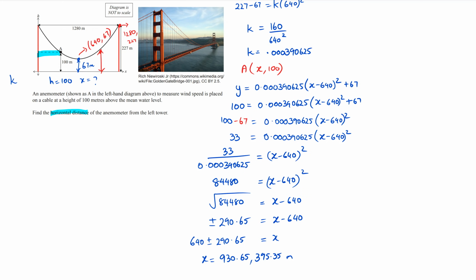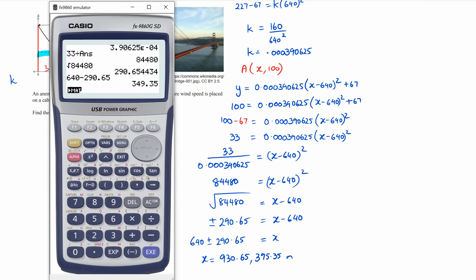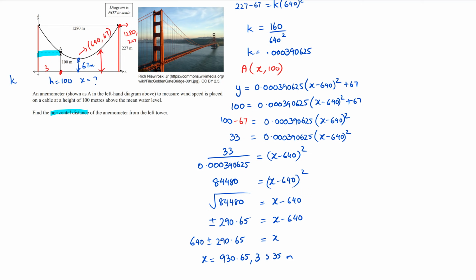So the first one being the 395 one is right there. So that's the 390, sorry, not 395. Did I make a mistake? Oh, 349.35. So that's got to be 349.35. So that's this point right here.